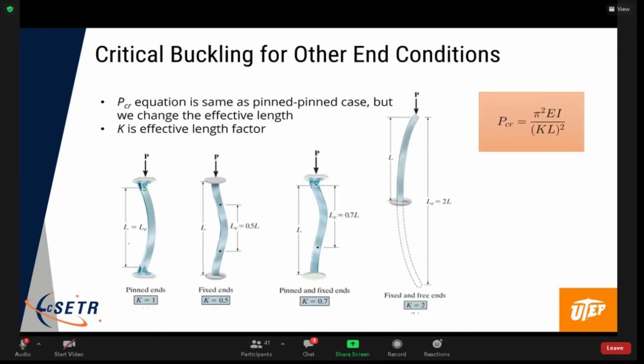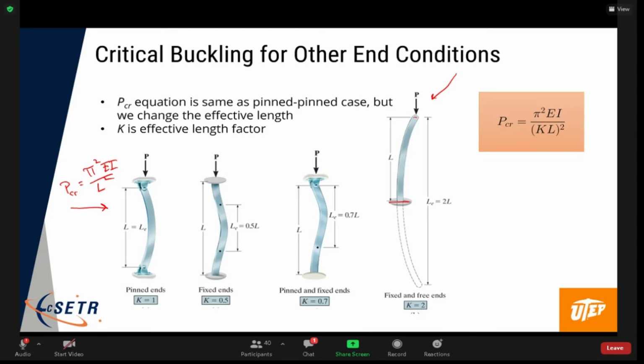But fortunately, there is a nice trick to this. And you can see it here, okay? So this is our prototype case right here. This is where the critical buckling load is pi squared EI on L squared. All right. Now let's just, for example, look at this case where it's fixed at the base, but free at the top end. So this would be like the bar stool, right?